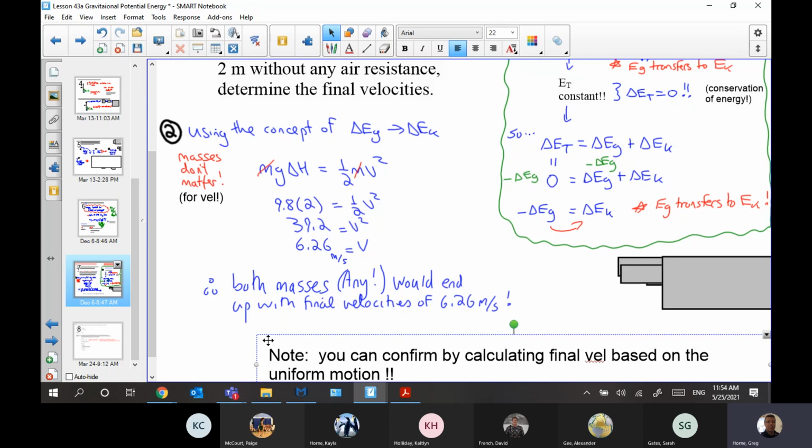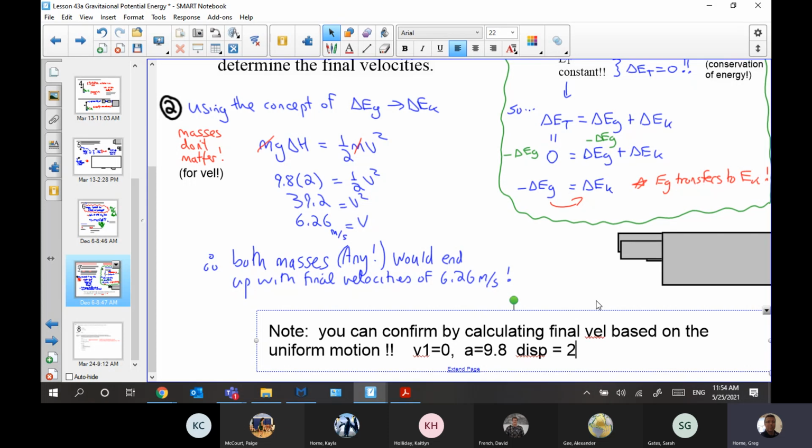Using your regular equations, you've got v1 equals 0. We've got acceleration equals 9.8. I'll just put numbers in roughly here, not worry about minuses and so on. And we've got delta d, so displacement equals 2 meters. And so obviously you can figure out that final velocity as well.